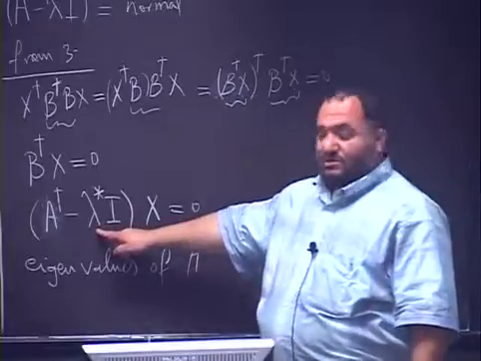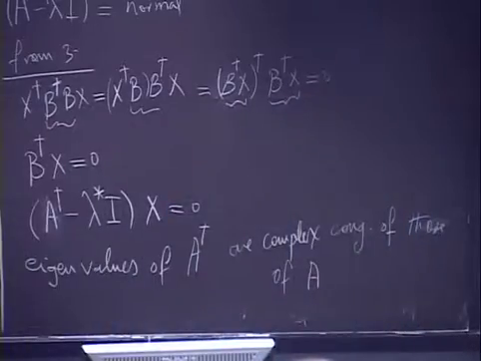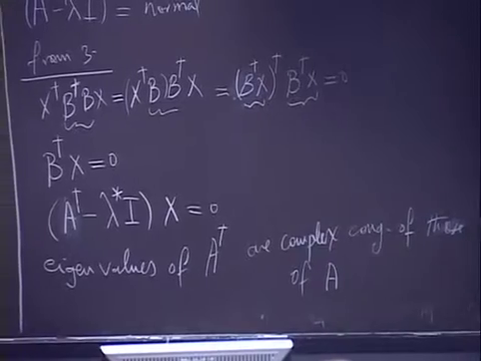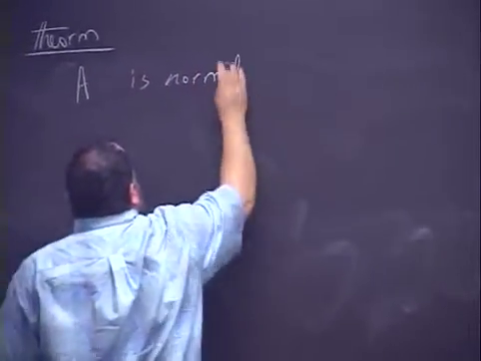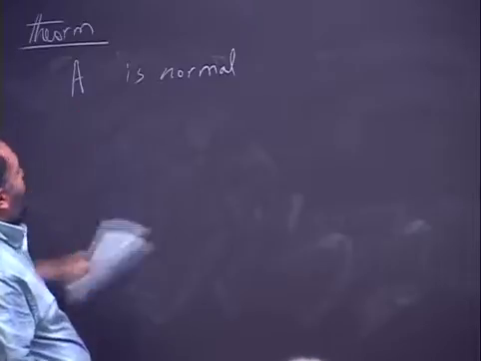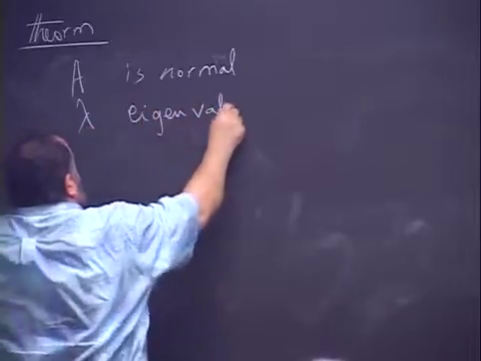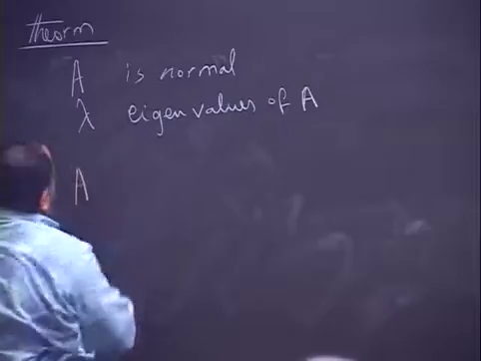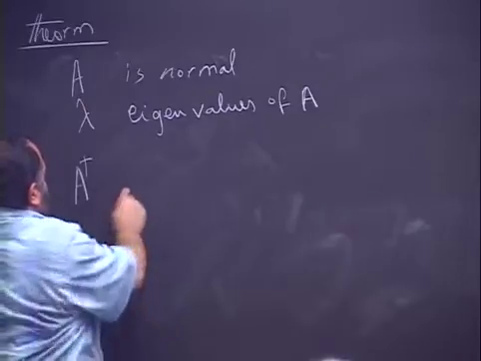So if you have a normal matrix, let's assume that I give you a normal matrix A, and you want to get, for example, the eigenvalues of A. One way is to see what the eigenvalues are for the Hermitian conjugate.